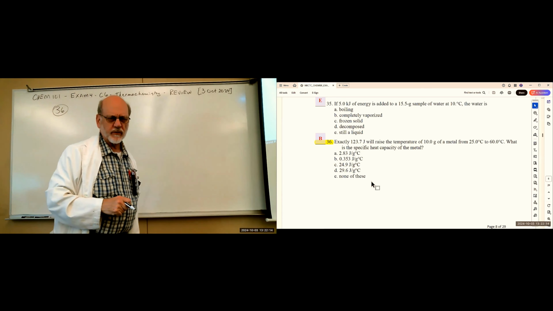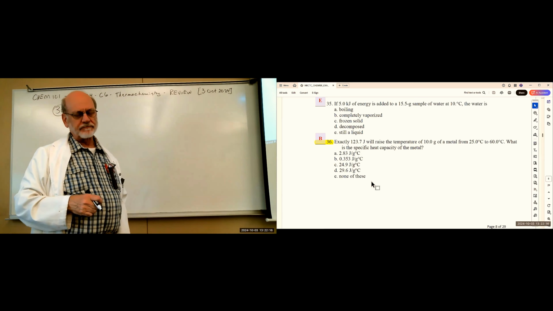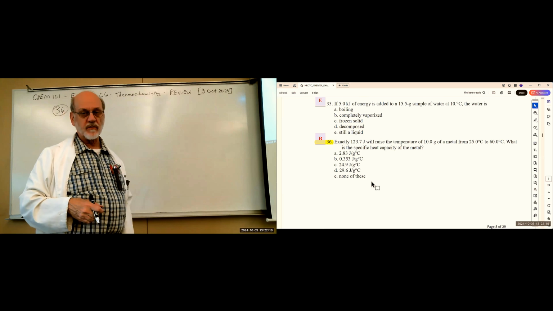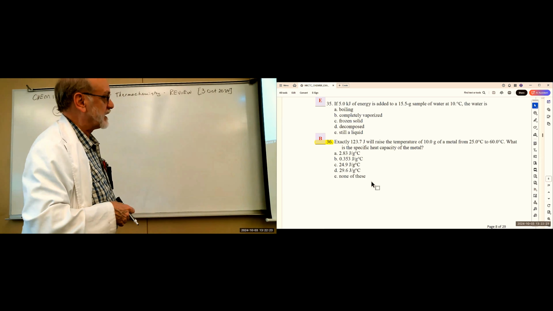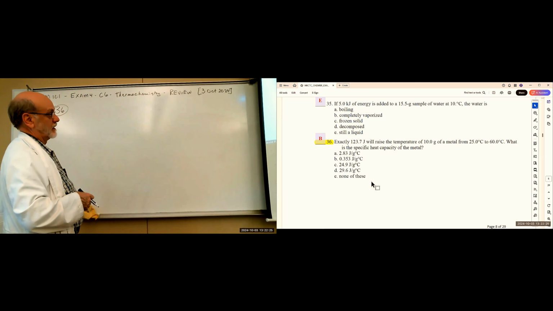Question 36. Exactly 123.7 joules will raise the temperature of 10 grams of metal from 25 to 60. What's the specific heat capacity? Now this is simple.